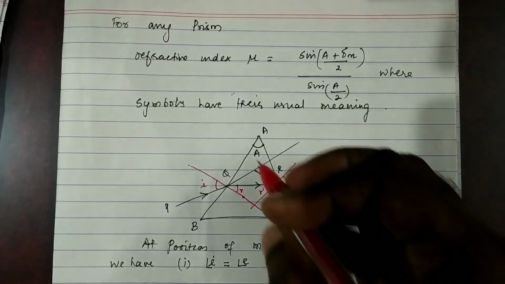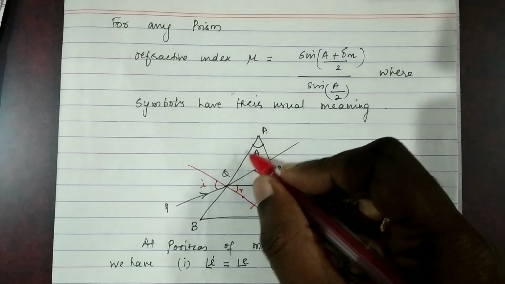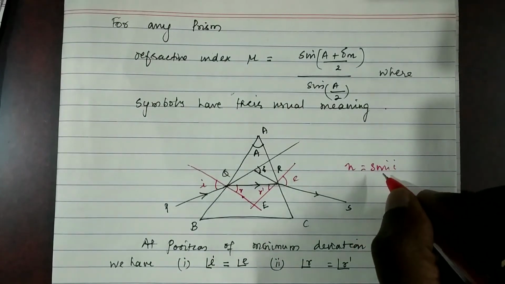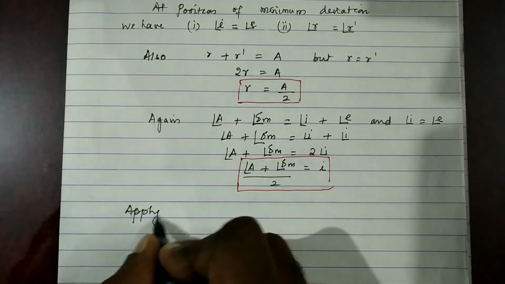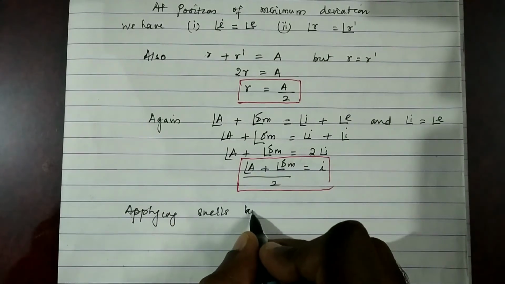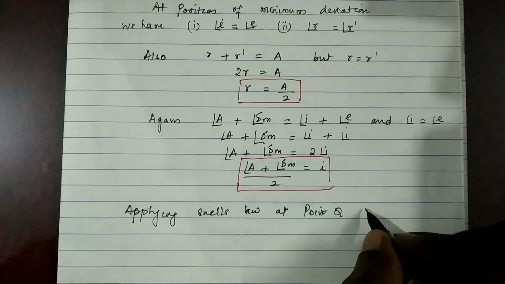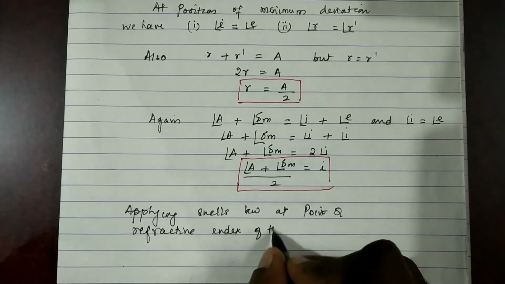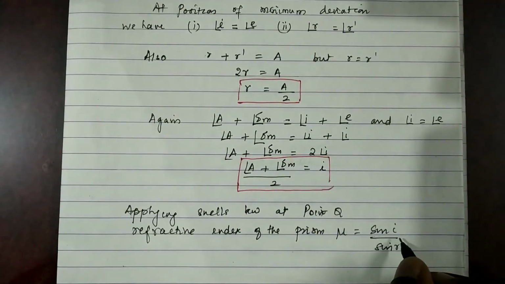Now applying Snell's law at the point Q, the refractive index of the material of the prism can be written as mu equal to sin I by sin R. But what is sin I?